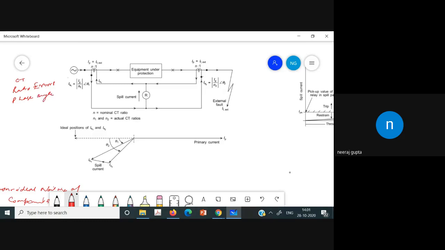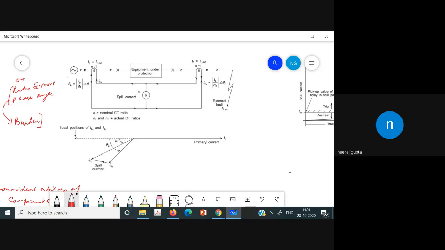These two errors depend upon the burden of the CT, that is, what is connected at the output of the CT.